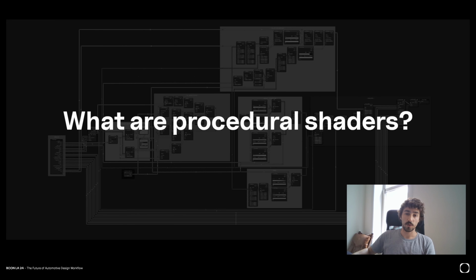And actually, what are procedural shaders? First, we need to understand what is a shader. A shader is basically just a small program that runs on your GPU. It's just a piece of code that you send to the GPU to say, do this math, and this will tell you the color you need to put on that specific pixel so that you can show me something that I want to see. And procedural means that we're not using any maps for that.